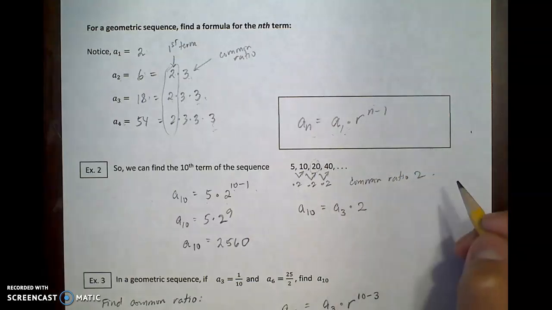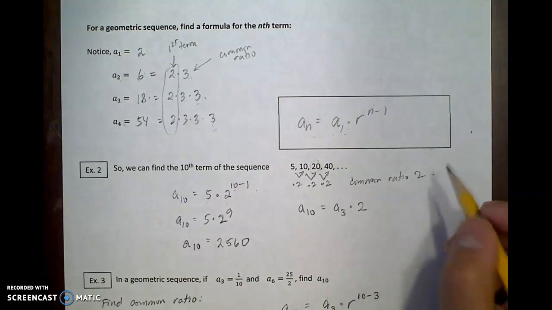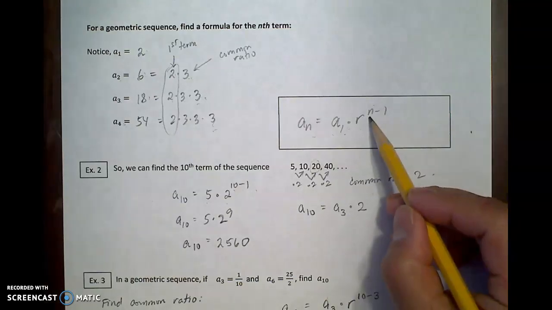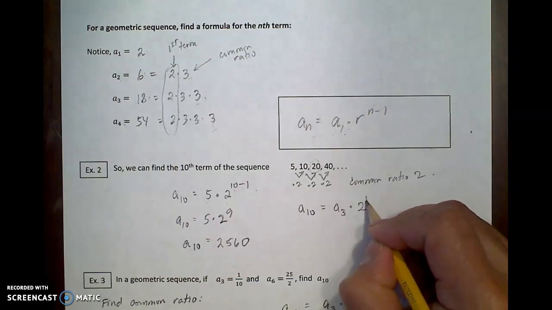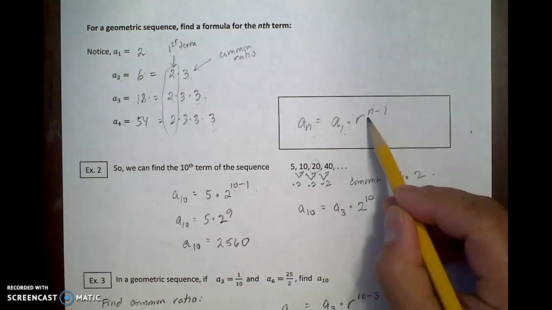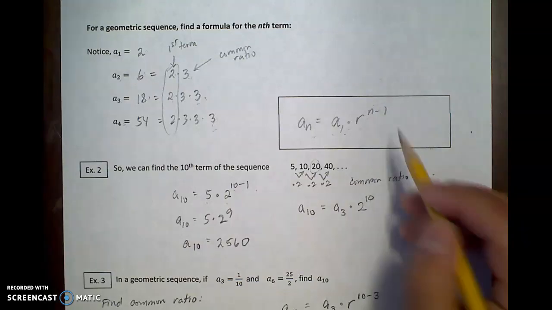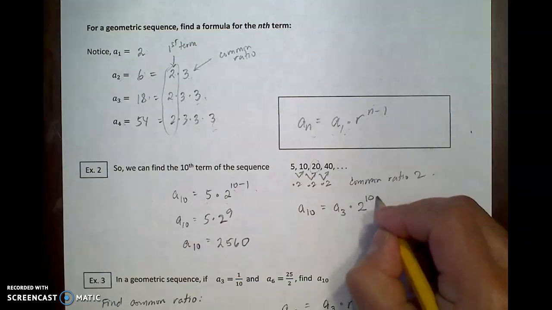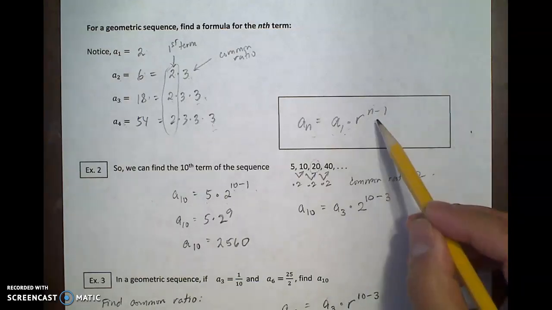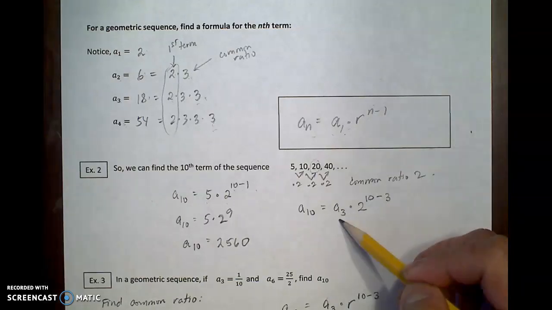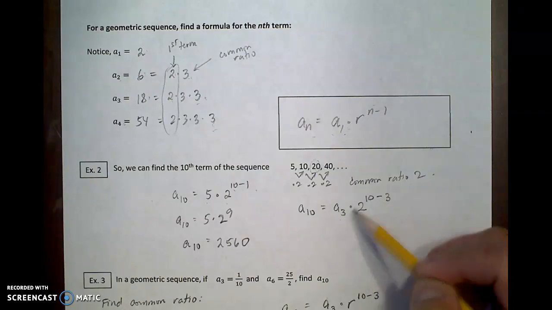There's my common ratio. Now, when it comes time for the exponent, again, I'm looking for the 10th term. So n is going to be 10 but instead of minus 1, I'm going to be putting a minus 3. The reason being is because I'm now using the third term instead in this setup.